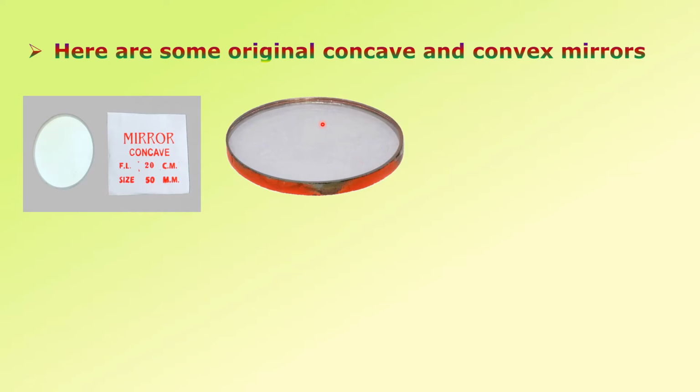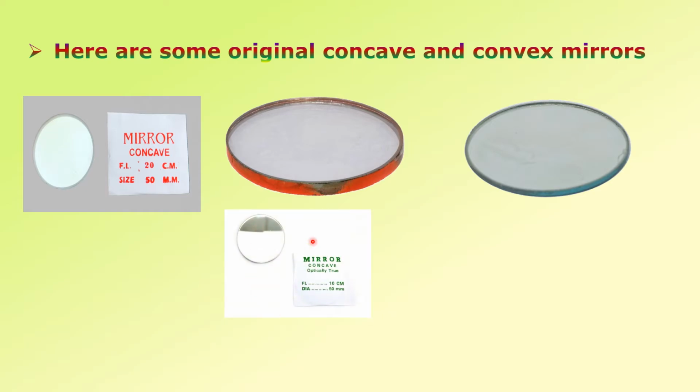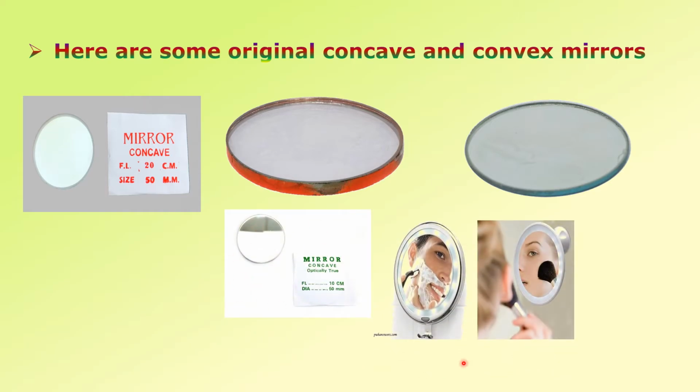You can see this is the concave mirror, and this side is painted. All these are concave mirrors, and we can see concave mirrors here also. It is used as a shaving mirror, makeup mirror, and so many uses are there. We will discuss the uses of concave and convex mirrors later.